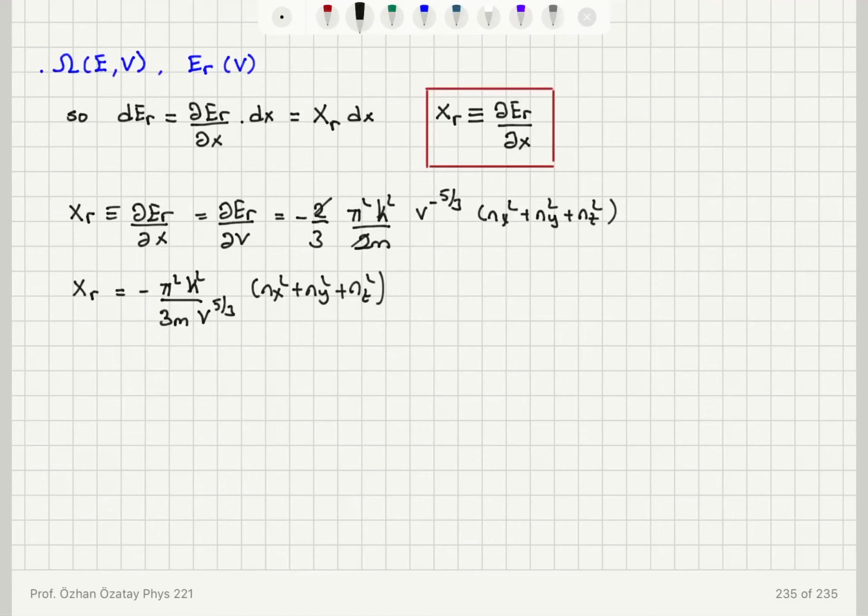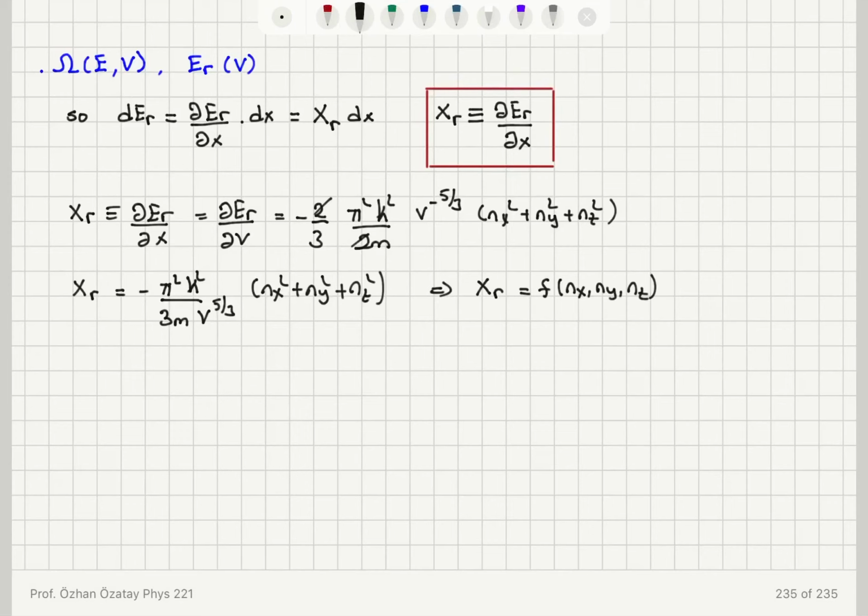And my point is that the X sub r value, the variation of the energy level with x, depends on the quantum numbers, so it depends on the state. So this is a function of nx, ny, and nz.